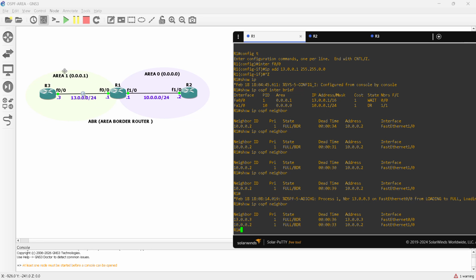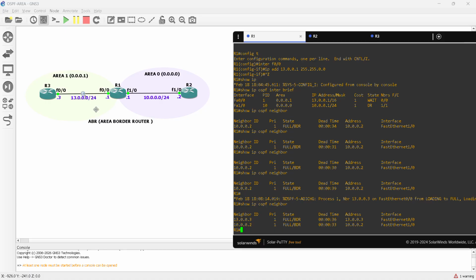Now let us revise what we have learned so far. The very first rule says the area of both of the routers should be the same. If the area of R3 is area 1, the area of R1 should also be area 1 in order to form the neighborship. Now the second rule says the hello interval of both of the routers should be the same, and we modify the hello interval by going into interface mode, not in the router mode, remember.